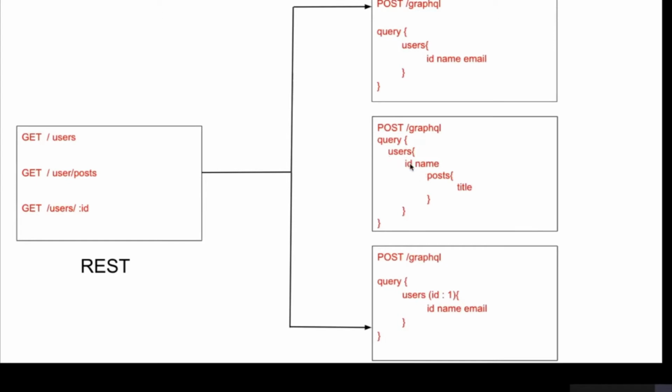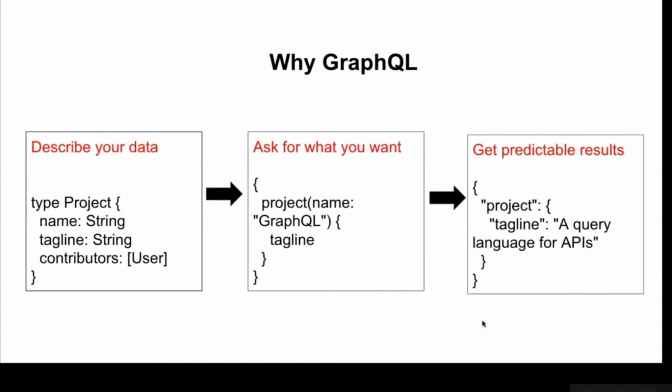In this second scenario, we are fetching all users with ID and name, with the attributed post title. In the third part, we are still using this single request URL and defining our queries again. This time, we define our query to accept an argument, which is an ID of 1, to get the first user with ID, name, and email in the response body.